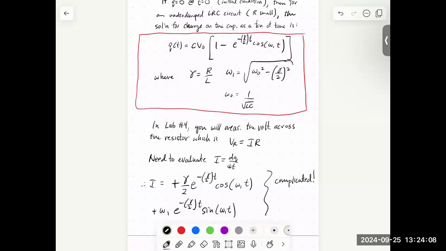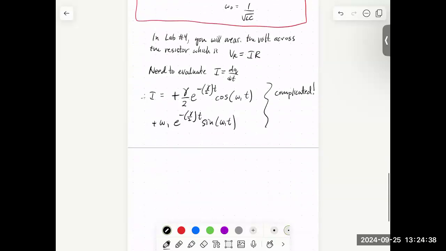If we're really, really underdamped, then R is small. So that means gamma is a small number. Gamma's in here as well, so that's also small. But it also has this omega naught in here. So we have some number minus a small number. We would just ignore the small number. And over here, gamma is just small. So because this has a coefficient of gamma out front, this first term is small when we have a really underdamped system.